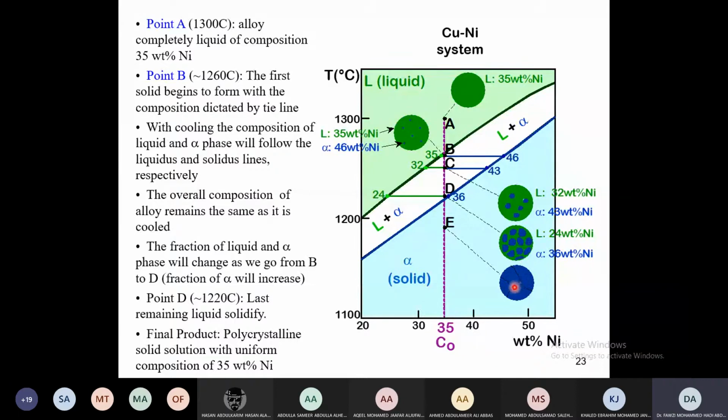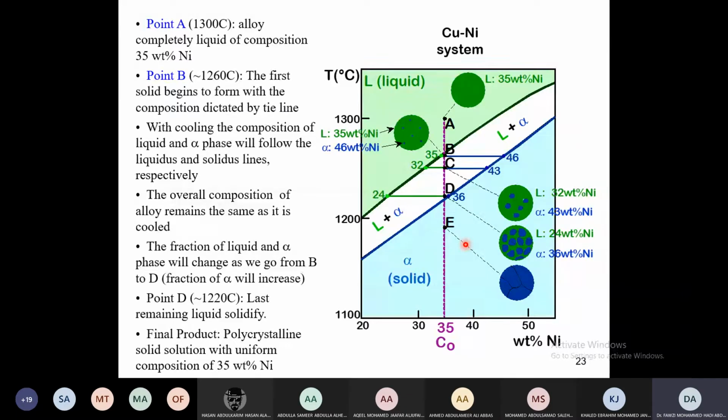Once they impinge, they make the grain boundaries, as you can see, and develop a polycrystalline material. But the composition of that polycrystalline material will be the composition of the alloy. So this is how the development of the microstructure in the binary isomorphous phase diagram system happens.